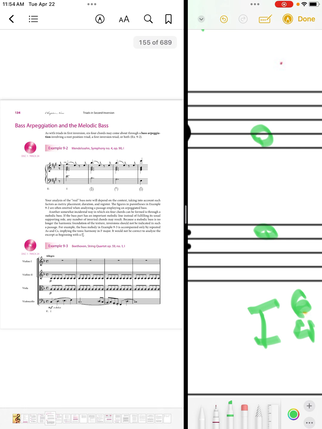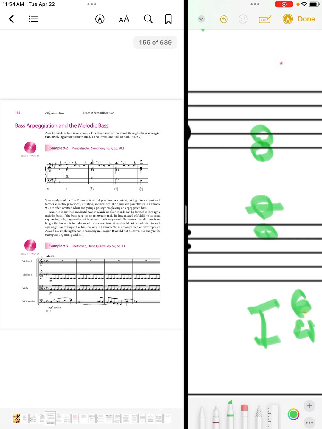Honestly, I'm going to put the C up here, and I can put the E sitting up here on the space. That tells you that G is doubled, and you're already seeing the C and the E, so the bass of that chord is going to be a G.